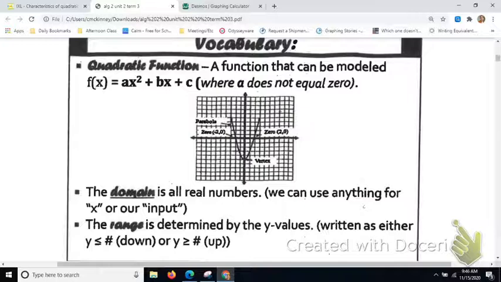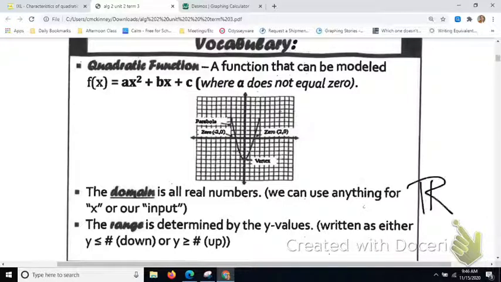And we'll learn more about the zeros or the solutions or the roots, have lots of names, later today. So when we talk about the domain, we're talking about what numbers can we use for x. Well, we can put anything we want in for x. So we just say that the domain is all real numbers.